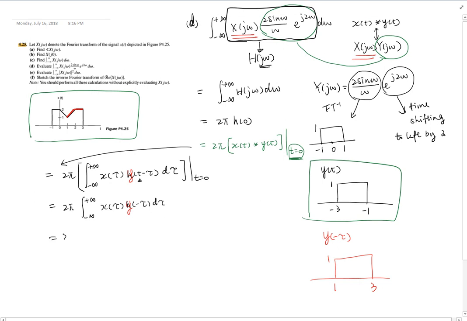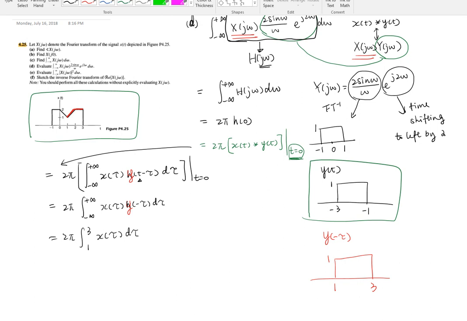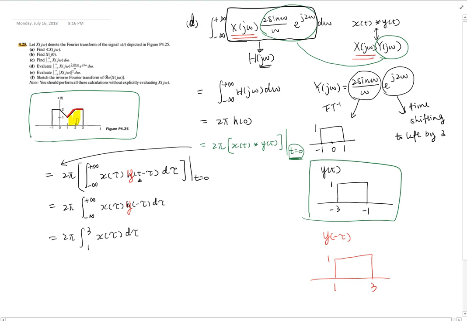If you want to write it mathematically, it will be from 1 to 3 of x(τ) dτ, because the magnitude of y(negative τ) is 1, which is the area underneath this part. So our problem becomes really easy. It's just 2π times the area, the yellow area.